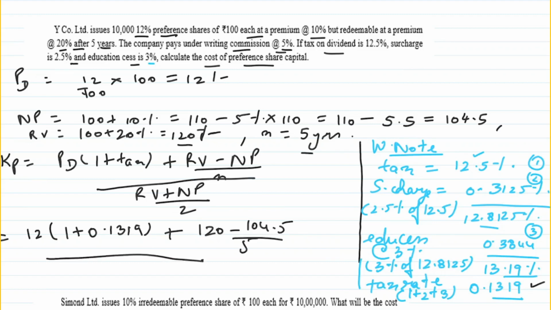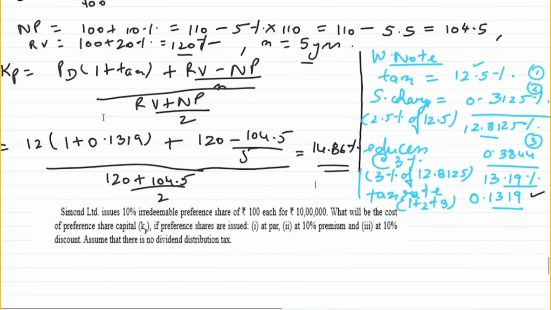This total will be divided by 120 plus 104.5 divided by 2, right? So if we just compute this, we will get a value of 14.86%, and that's your final answer, and that is the cost of preference share capital, right?